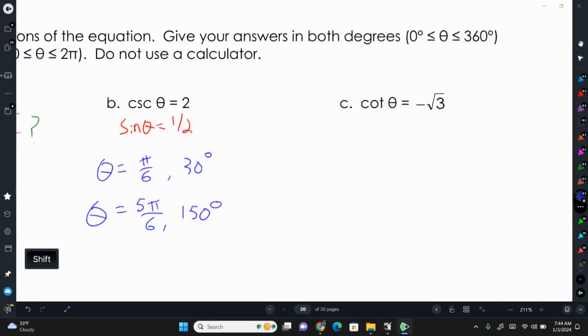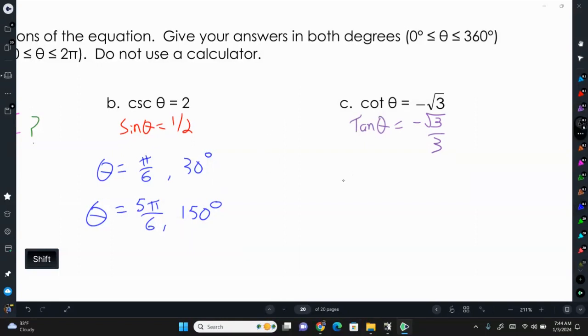And then lastly, the cotangent. When is cotangent negative square root of 3? If you aren't comfortable with your cotangents, you see, well, tangent's going to be negative square root of 3 over 3. That may help you. That is the pi over 6 family.